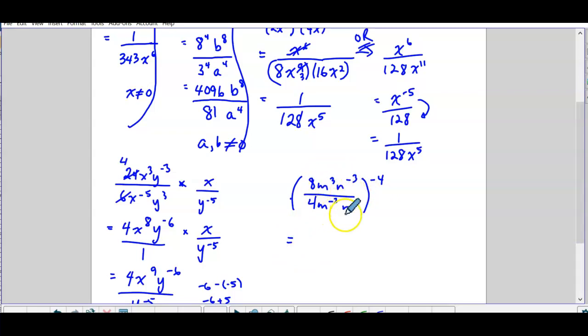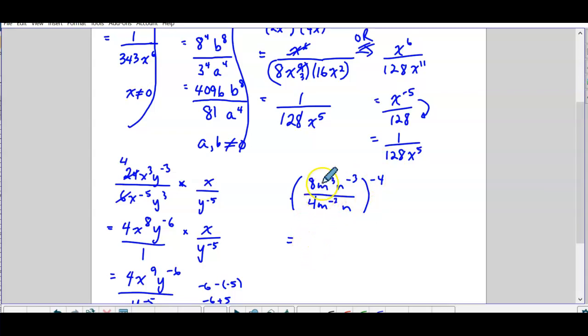Within the brackets, we can simplify and then deal with the negative 4. Or you can deal with the negative 4 by flipping this and then simplify. What else? You could take everything in here and raise it to the exponent negative 4 and then simplify. So a few different choices.